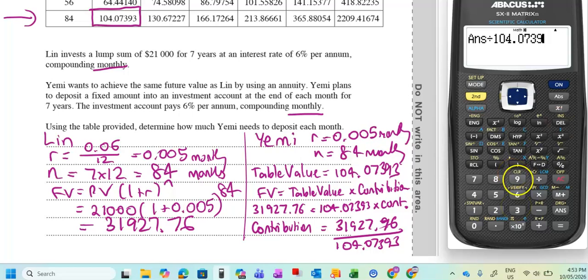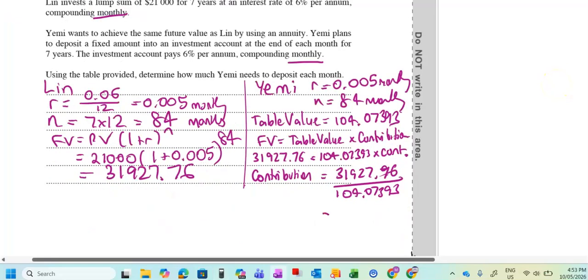Take care to write it down really carefully. Okay, so I get 306.78. The contribution is $306.78, and that's my answer.